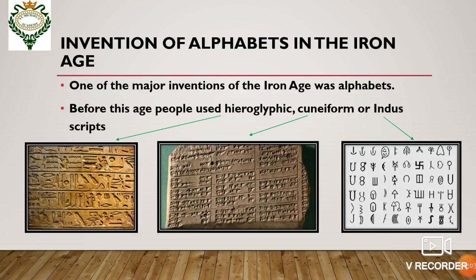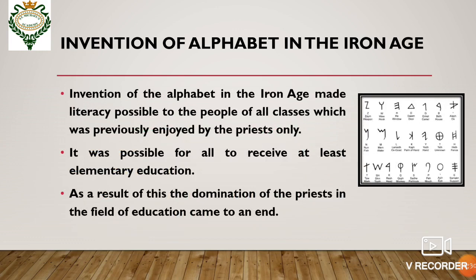Now, let us take a look at the major inventions of this period. One of the major inventions of the Iron Age was the alphabet. Before this age, people used hieroglyphic, cuneiform, or Indus script. You know this from your earlier reading. In this age, the alphabet was invented.